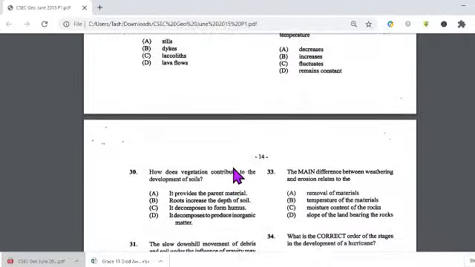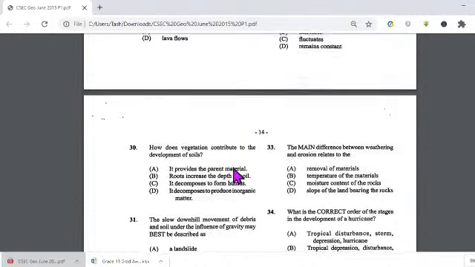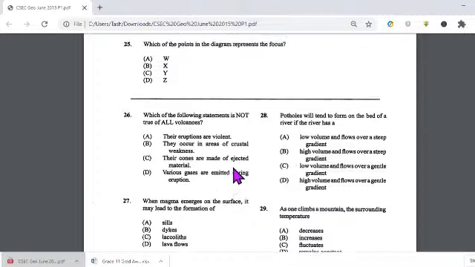How does the vegetation contribute to the development of soils? Before we get to number 30, let me just point something out to you.